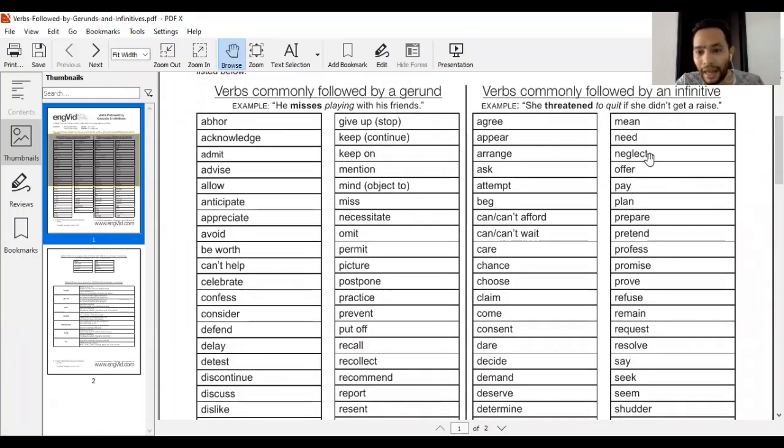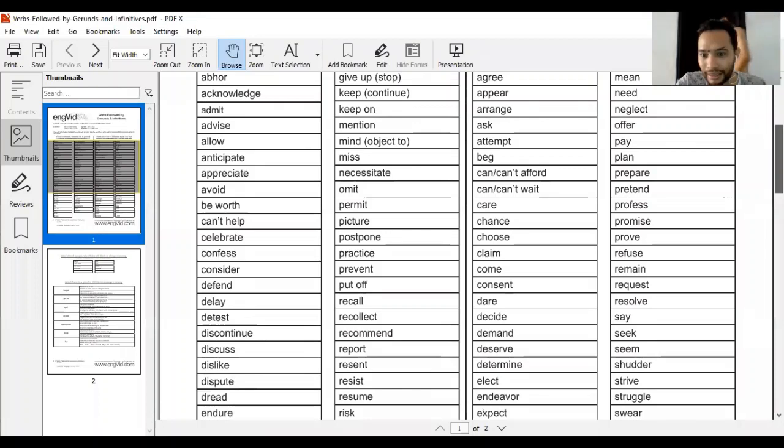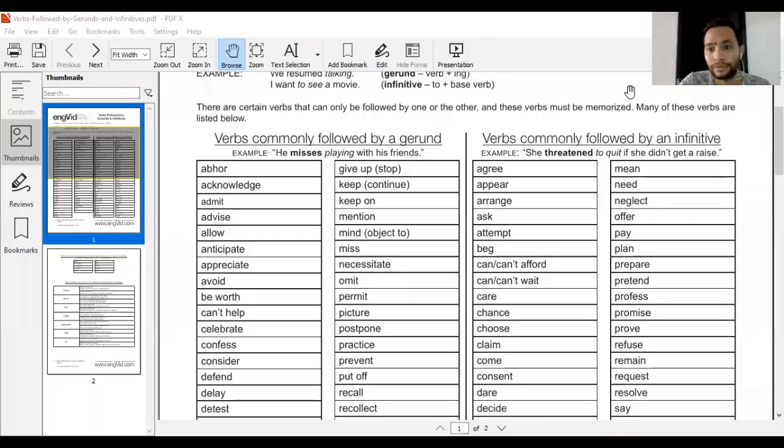So then we have neglect, offer, pay, plan, prepare, pretend, profess, promise, proof, refuse, remain, request, resolve, say, seek, seem, shudder, strive, struggle, swear, tend, threaten, turn out, venture, volunteer, wait, want, wish, would like, and yearn. All of those verbs, guys, are right.